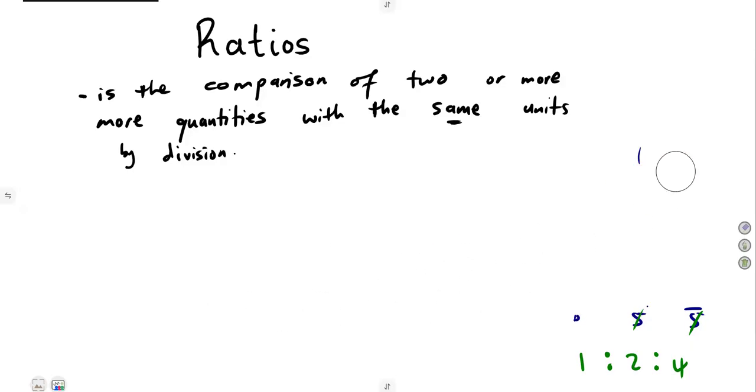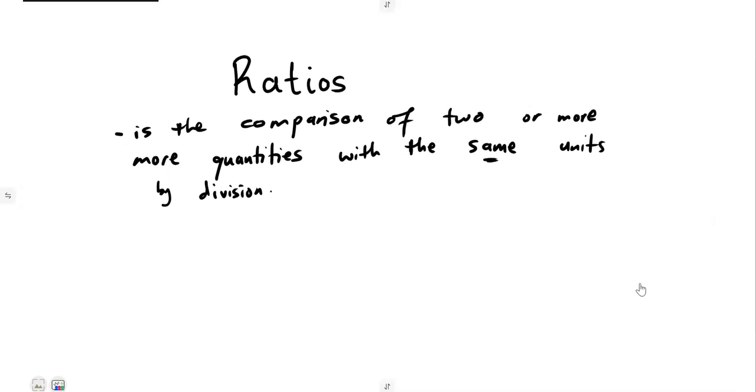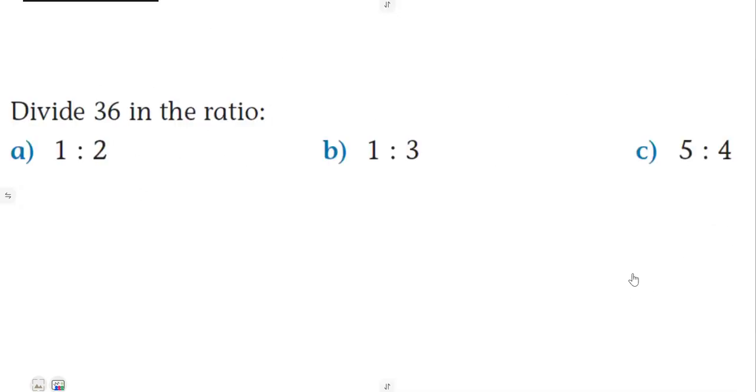Just like that. So how do we apply the questions for ratios? We might be given a condition like this one. Divide 36 in the ratio. We are given ratios, the first one, second one, third one. They are saying divide. It is like share 36 in the ratio. Like maybe there are two people, Peter and John.